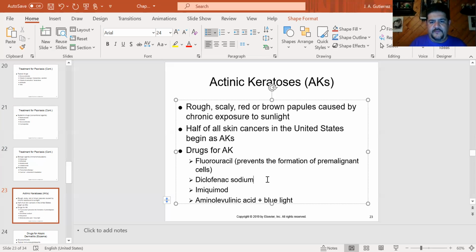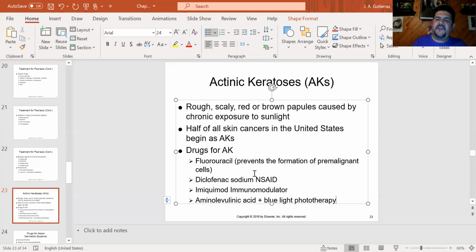Diclofenac sodium is an NSAID. Imiquimod is also an immunomodulator. And aminolevulinic acid plus blue light is phototherapy.